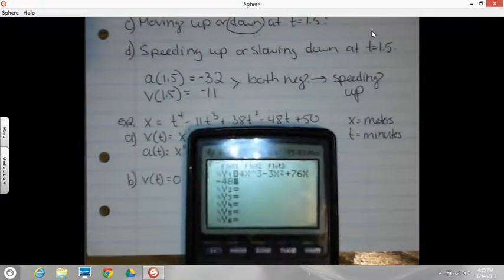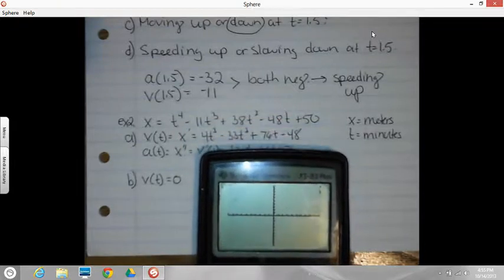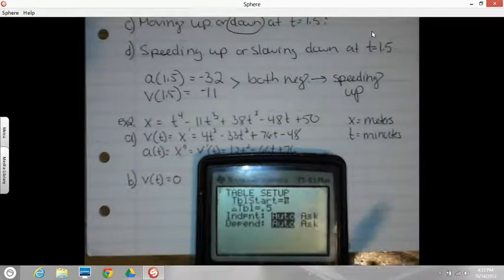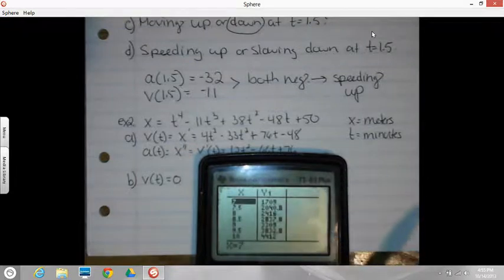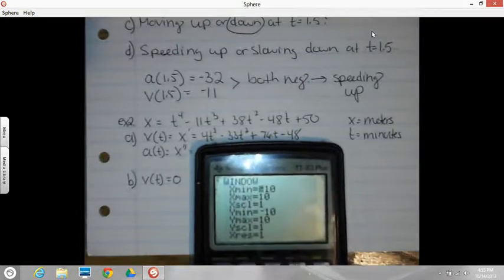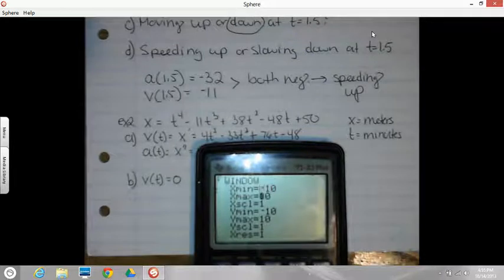I don't know how big my graph is. Let's try zoom 6 here. I see 1, but there should probably be more. Let me take a look at the table to see how big the numbers are getting. So let's go further out, window x to 50.